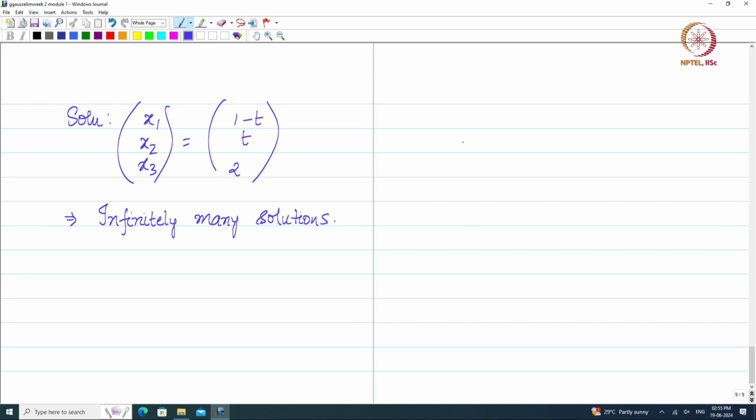We explore this further and define what is called the reduced row echelon form, abbreviated RREF, of a matrix A.